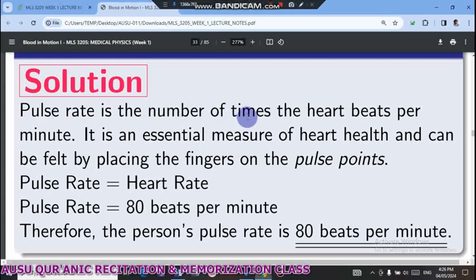We say pulse rate is the number of times the heart beats per minute. It is an essential measure of heart health and can be felt by placing the fingers on the pulse point. Pulse rate is the heart rate, and the pulse rate is 80 beats per minute as we are given. Therefore, the person's pulse rate is 80 beats per minute without making any calculation.